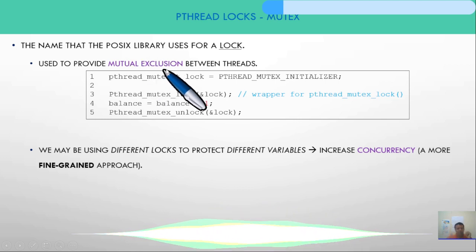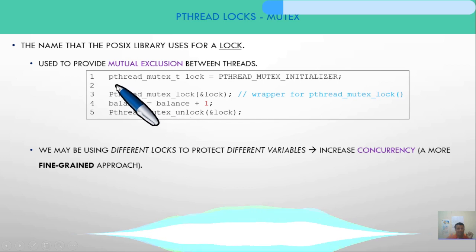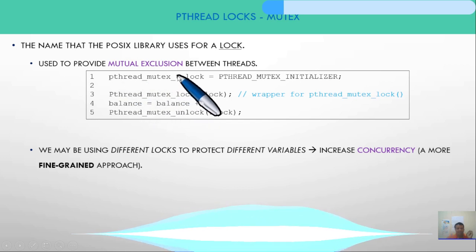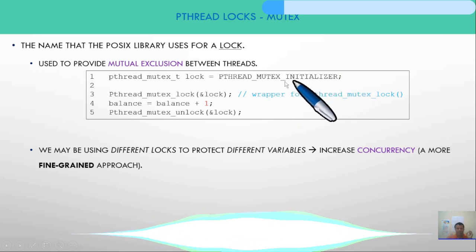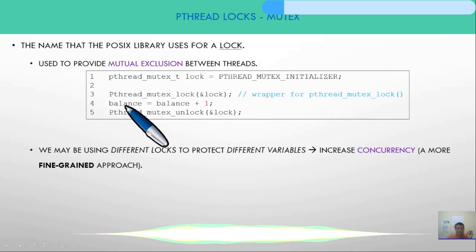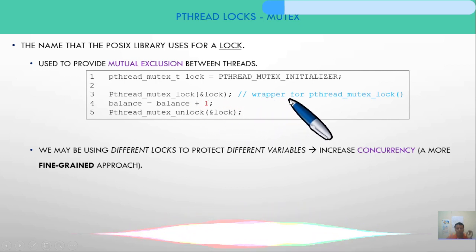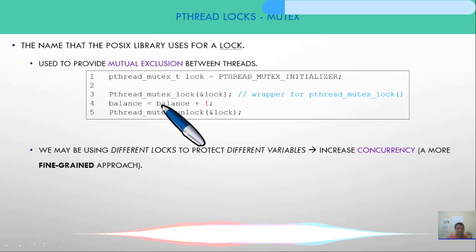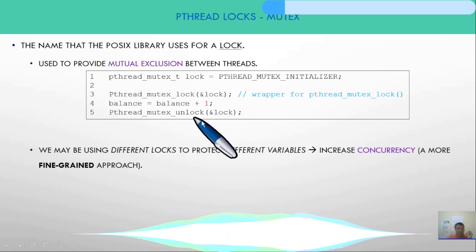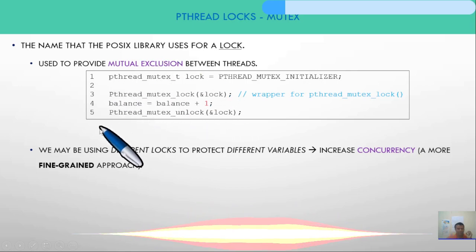As you can see, we have pthread_mutex_t lock, then pthread_mutex_initializer, the initializer. Then pthread_mutex_lock, and after the balance update, pthread_mutex_unlock goes here. So this is the semantics.